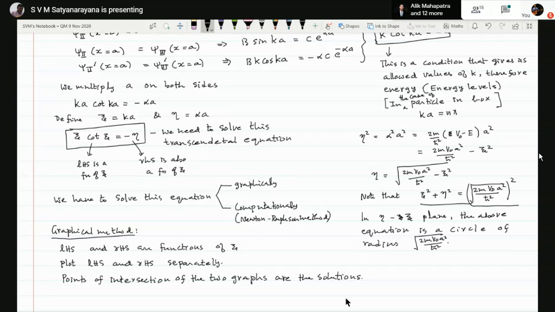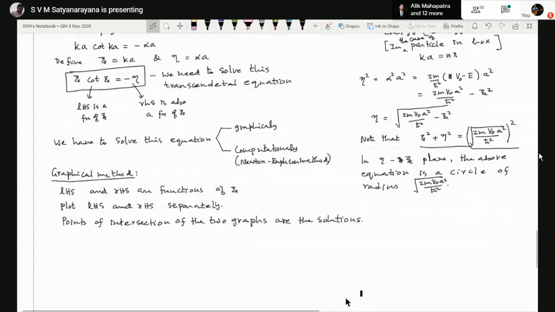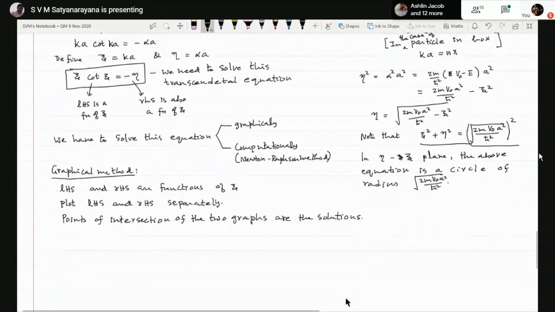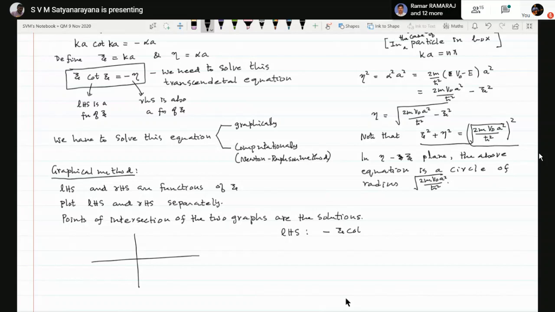Okay, they are the solutions. So plotting this one, suppose I have two functions. My LHS is minus xi cot xi, and my RHS is simply eta.